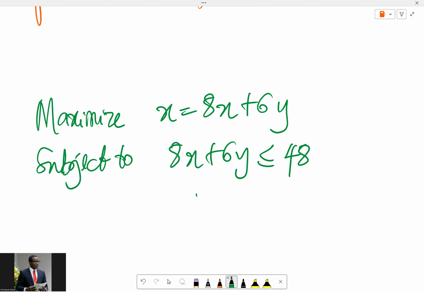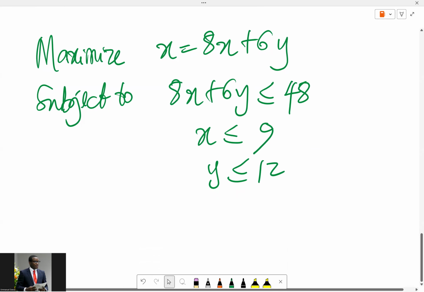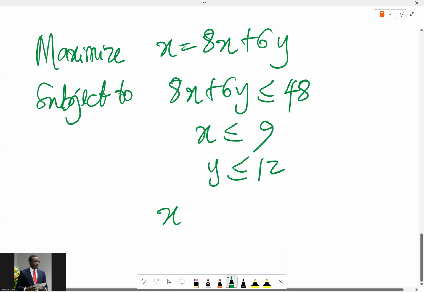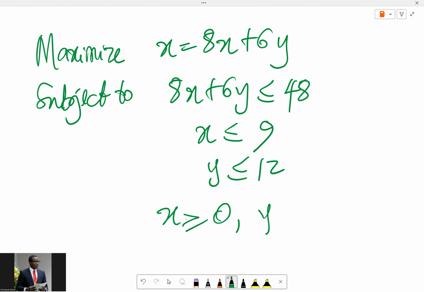And then we have constraints like x is less than or equal to 9, y is less than or equal to 12. And then we have the non-negativity constraints: x is greater than or equal to 0 and y is greater than or equal to 0.